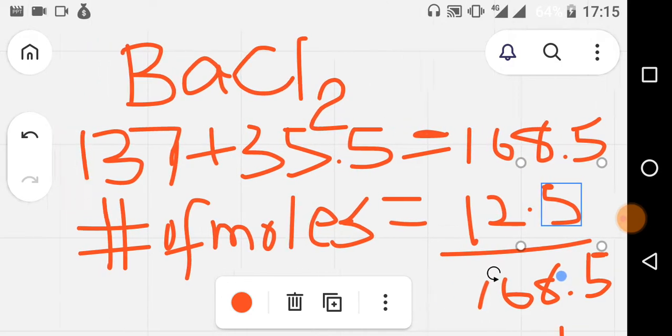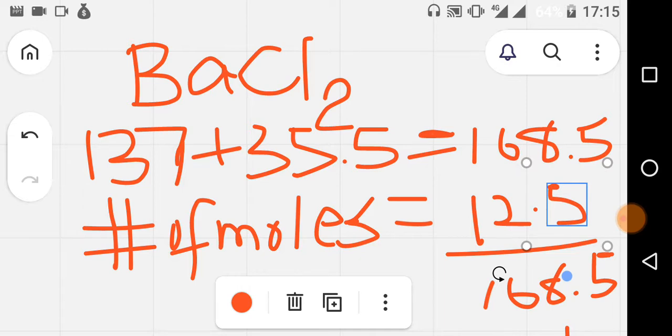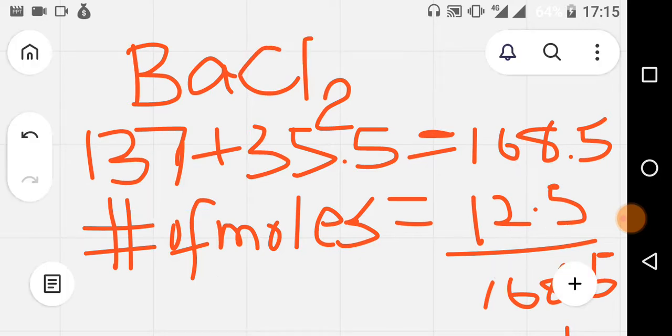Yes, I'm doing the first one. Barium chloride, BaCl2. So you look at your periodic table and find barium. Barium is in the second group, and you'll see the mass at the bottom of the symbol, 137 point something.